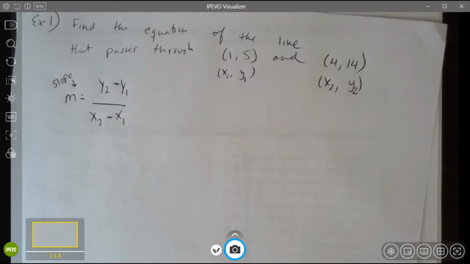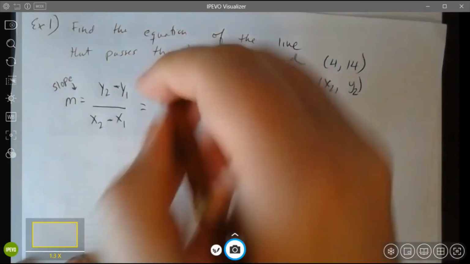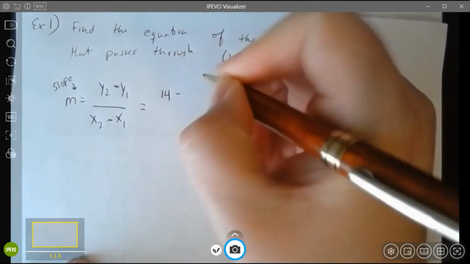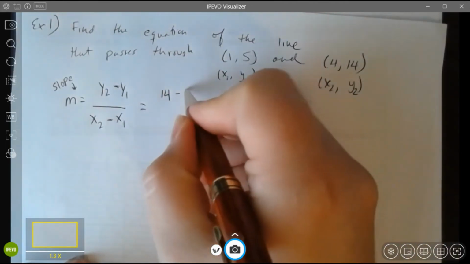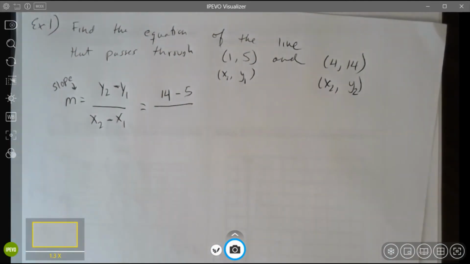So if you're going to find the slope, we'll take y2 minus y1. So y2, we label that as 14. And y1 is 5. And then we'll do the same with the x's. So x2 is 4.